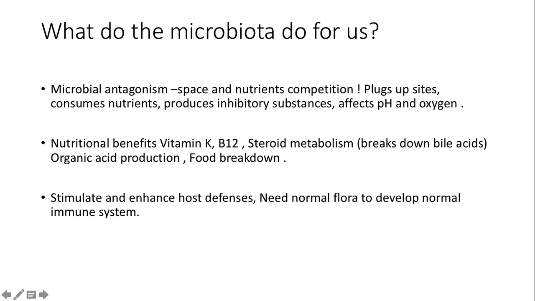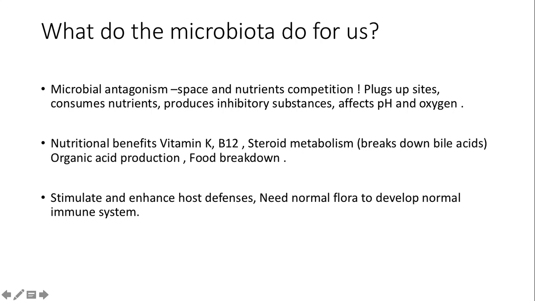What do the microbiota do for us? The important functions of the intestinal microbiota can be divided into three major categories. The first of these is the protective function, in which the resident bacteria displace and inhibit potential pathogens indirectly by competing for nutrients and receptors, or directly through the production of antimicrobial factors such as bacteriocin and lactic acid.